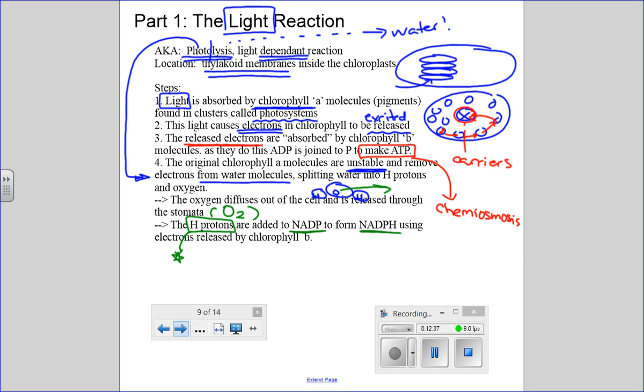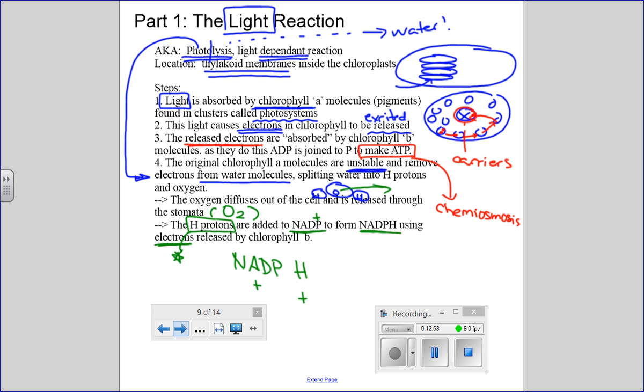The other thing that they need are electrons. Remember that NADP actually has a positive charge. I'm just going to show you how this all adds up. NADP is positive. A hydrogen ion is positive.